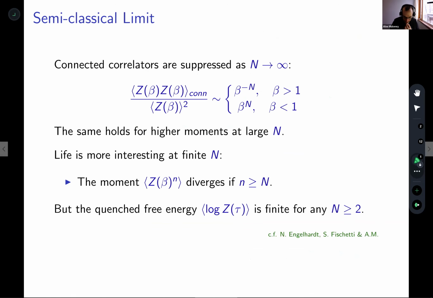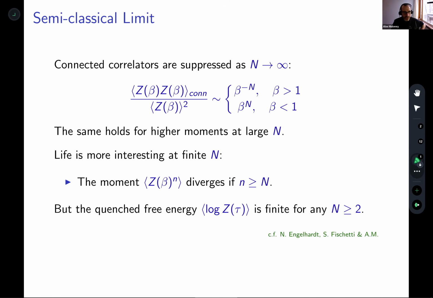Good. So, in the interest of time, I'll just go very briefly through the last few things I wanted to say, which is that you can talk about finite n corrections and what they look like, because everything can be computed exactly.